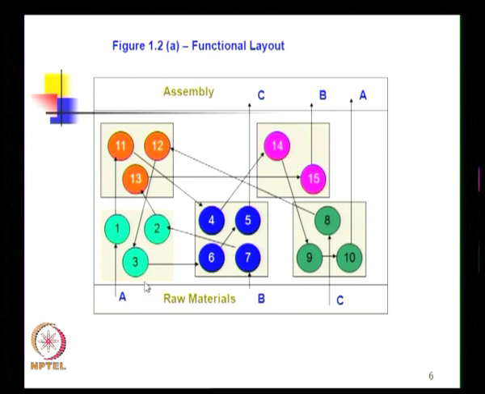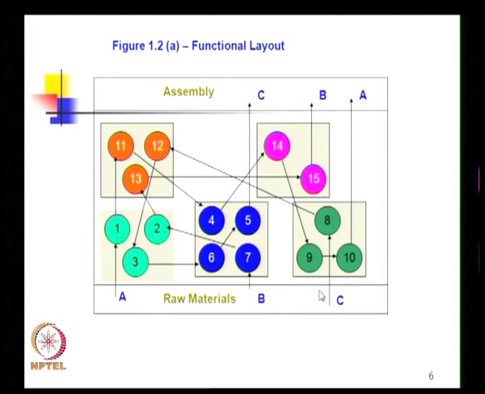So, product family A, or every product or part in family A, would visit, for example, 1 and then go to 11, then come to machine number 4, then go to machine number 14, then go to machine number 9 and then 10, and then would leave the system. So, typically a component belonging to A would visit 1, 11, 4, 14, 9, 10 and it would go out.